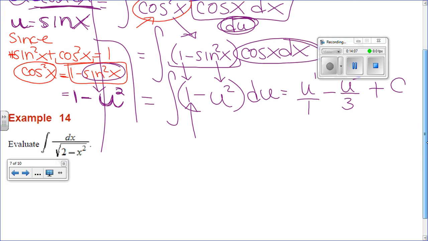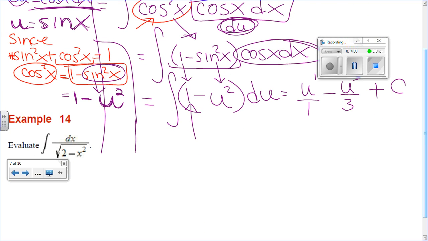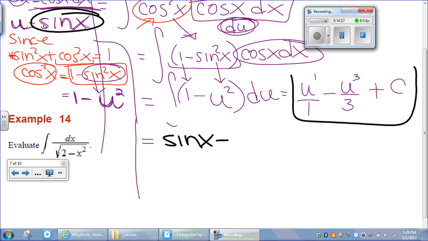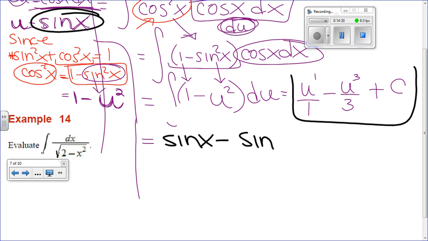Now we have that, and then we need to do the back substitution. So again, we decided to call u sine x. So now I'm going to do that. So to my answer here, I'm going to replace every u with sine x. So we have sine x minus, and this one is sine cubed x over 3, and then plus c.